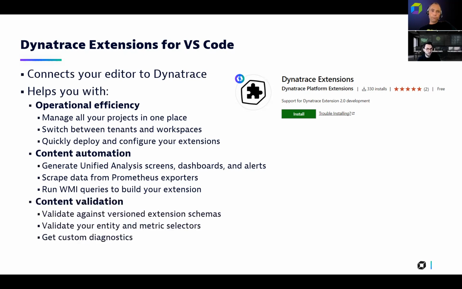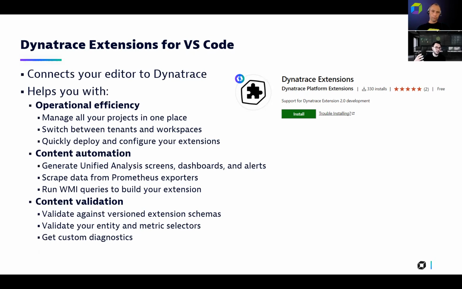And finally, content validation. I didn't mention this in this session, but indeed, if you want to actually know what's allowed and not allowed in that YAML manifest or get suggestions for possible values at every step of the way, you need to download a set of schemas from either your Dynatrace environment or our public GitHub repository to actually apply those to the manifest so that you get these highlights when you're doing things wrong.